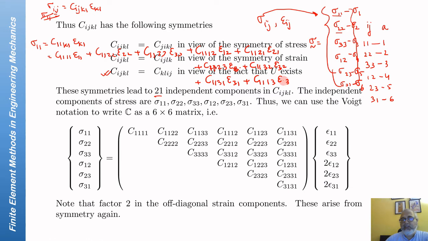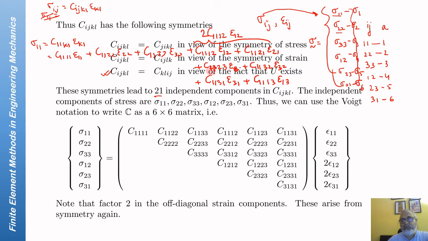Now what you can immediately see is that epsilon 12 and epsilon 21 are the same. C1112 and C1121 by the symmetry of the stiffness matrix are also the same. So these two together can be written as C1112 times 2 times epsilon 12.